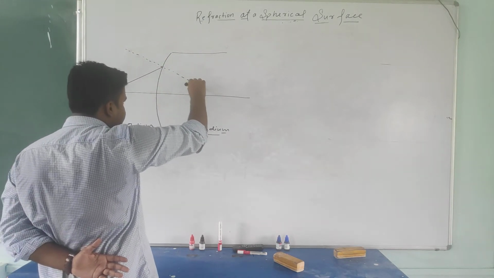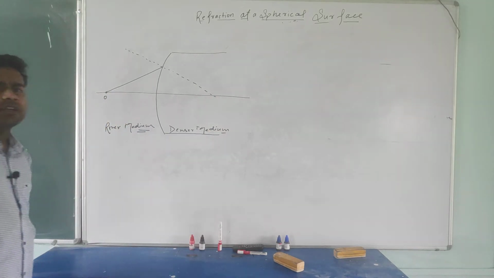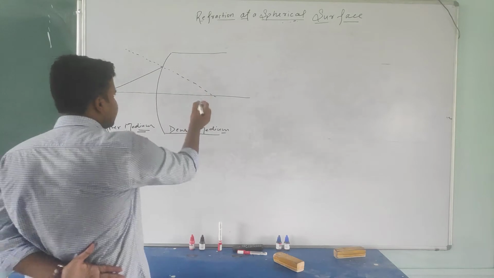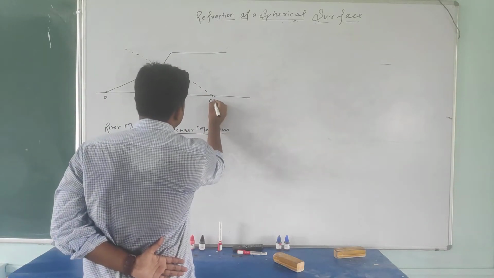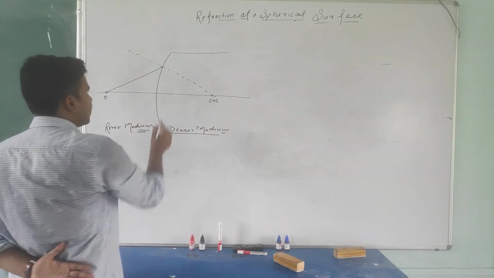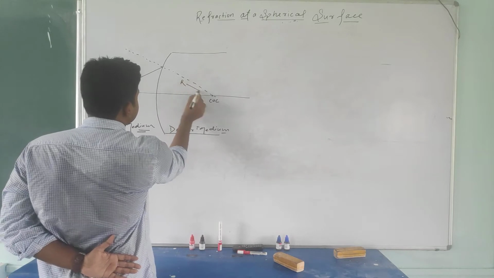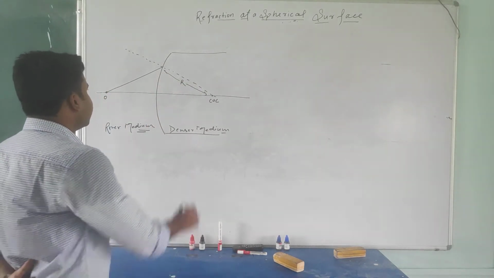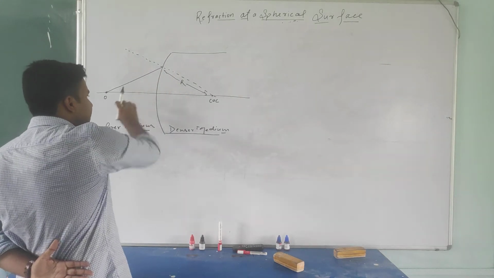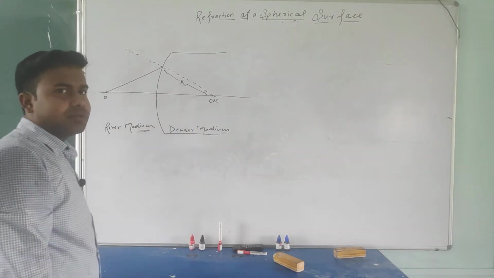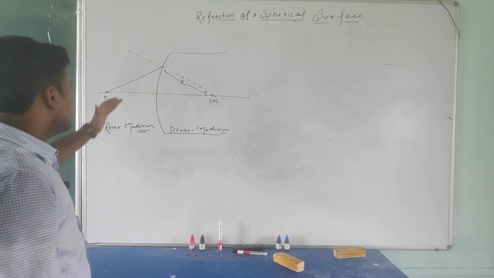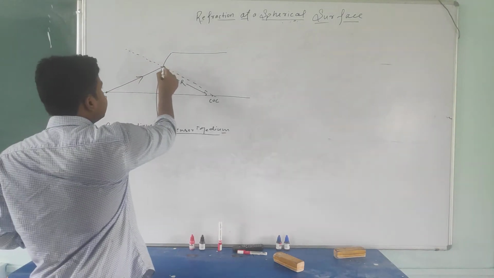Look at this, I am drawing a normal. If you draw a normal on a spherical surface, this normal will pass through the center of curvature, and this distance is the radius of curvature. Now this one is the rare medium and this one is the denser medium, and we know that by the law of refraction this ray will tilt towards the normal.